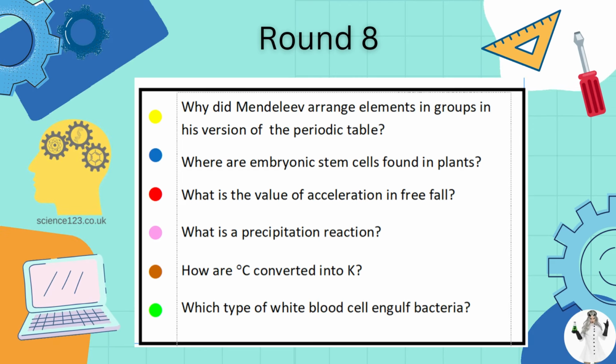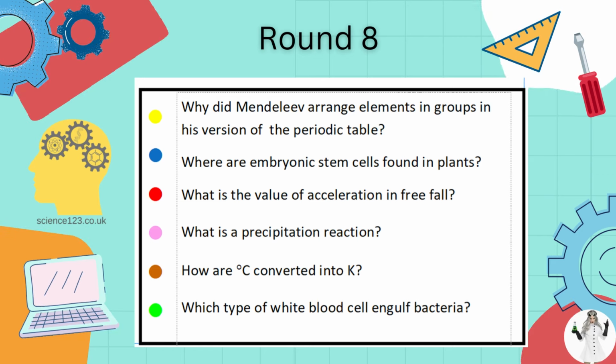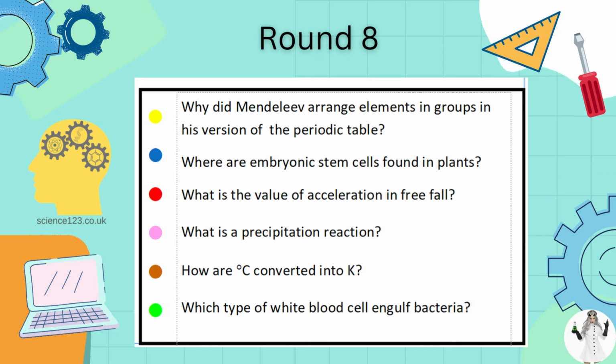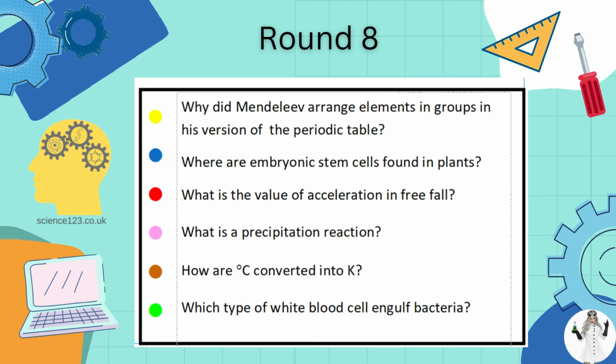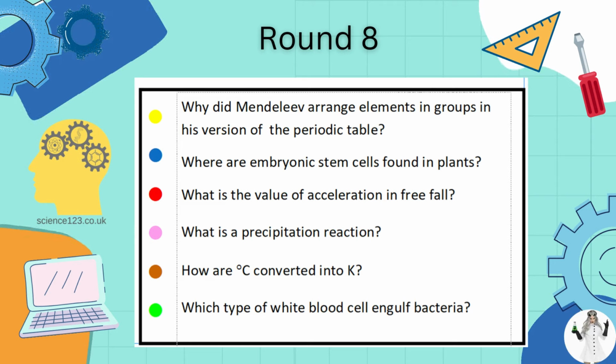Why did Mendeleev arrange elements in groups in his version of the periodic table? Where are embryonic stem cells found in plants? What is the value of acceleration in freefall?